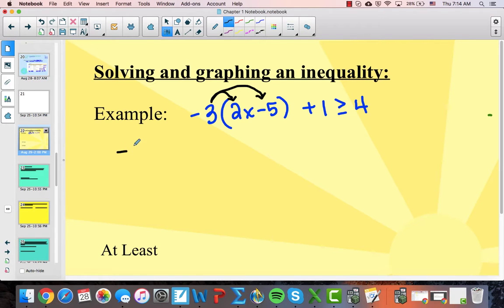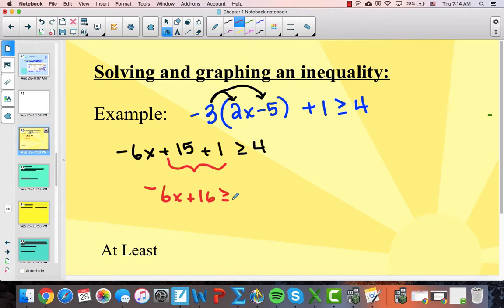So we would get -6x plus 15. We want to make sure that we don't forget we have a negative times a negative, plus 1 is greater than or equal to 4. Then I would do what I normally do. I'm going to combine like terms on the left side. So -6x plus 16 is greater than or equal to 4.